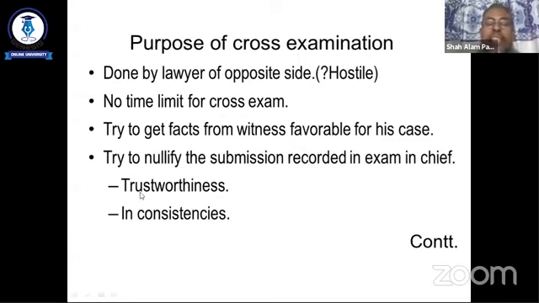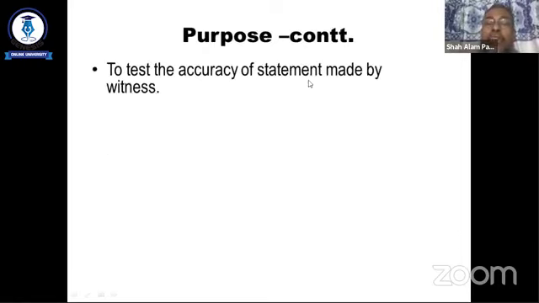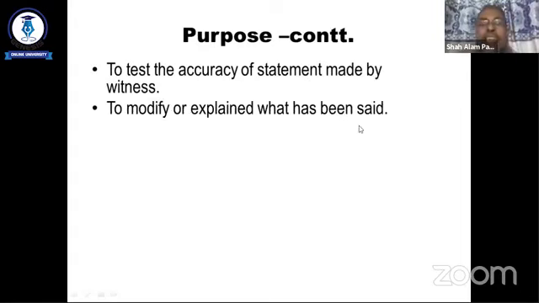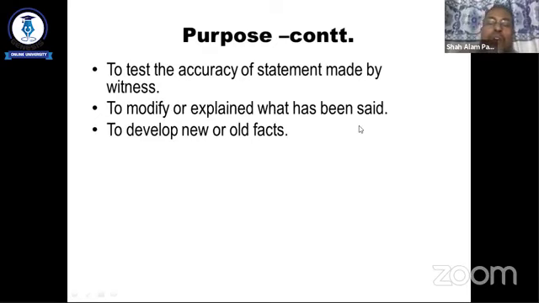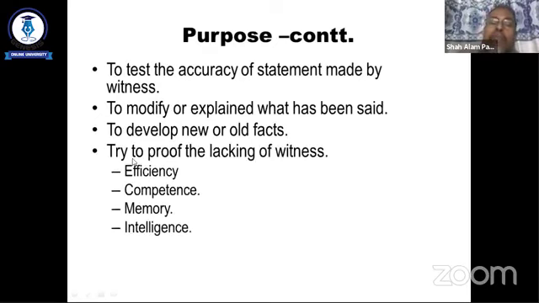Your trustworthiness, inconsistencies in your statement, etc. To test the accuracy of a statement made by you, to modify or explain what has been said, to develop new or old facts, try to prove the lacking of the witness, either efficiency, competency, memory, or intelligence. These are the purposes of cross-examination.